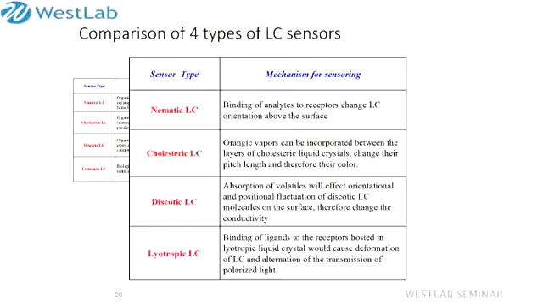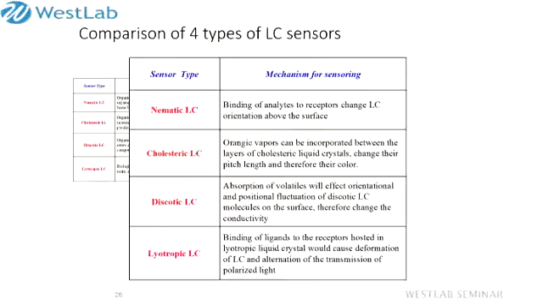Sensor types. Nematic liquid crystal: binding of the analyte changes the liquid crystal orientation above the surface. Cholesteric liquid crystal: organic vapors can be intercalated between the layers of the liquid crystal, changing their pitch length and therefore their color.